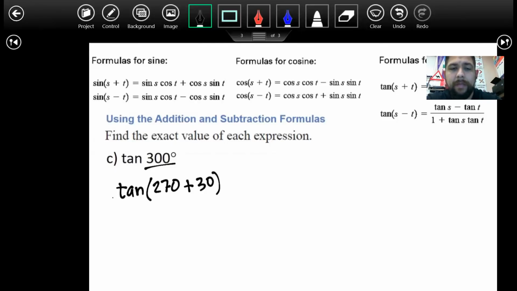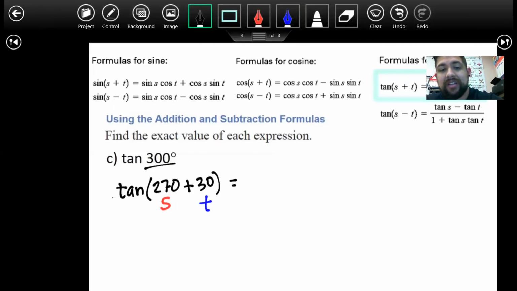So we're going to use our top formula here, the tangent formula, highlighted in blue. S in this case is my 270, and T will be my 30. I'm going to resubstitute those values in.